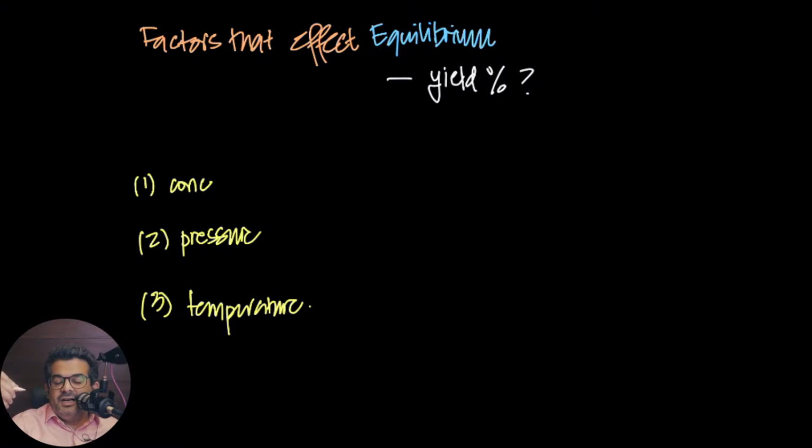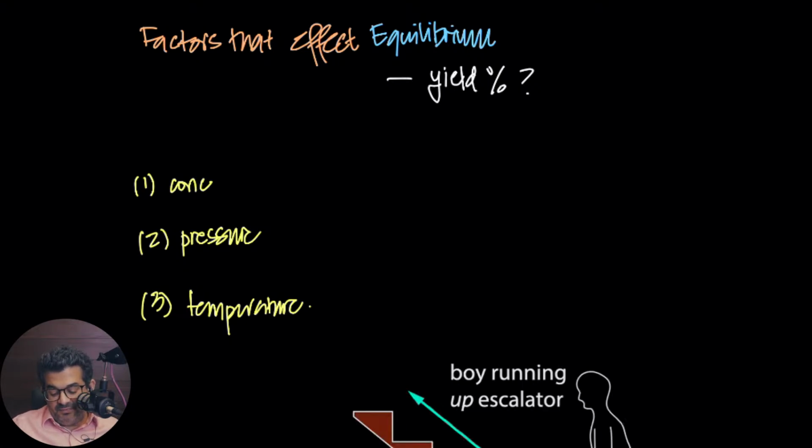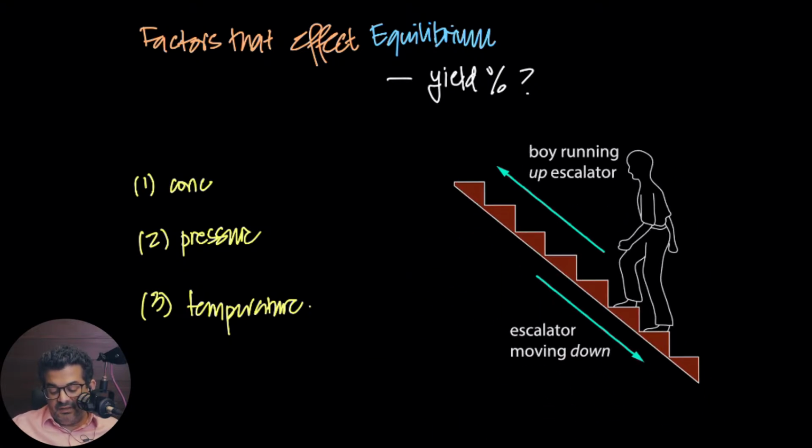It's like the analogy of you walking up an escalator that is supposed to go down. Like I said, that's a perfect example in physics of a dynamic equilibrium. There is some change happening, but you don't see it. It's like the boy going up an escalator and the escalator coming down.